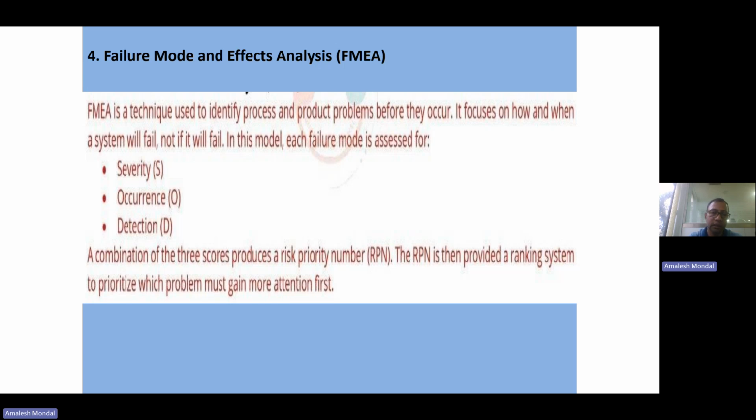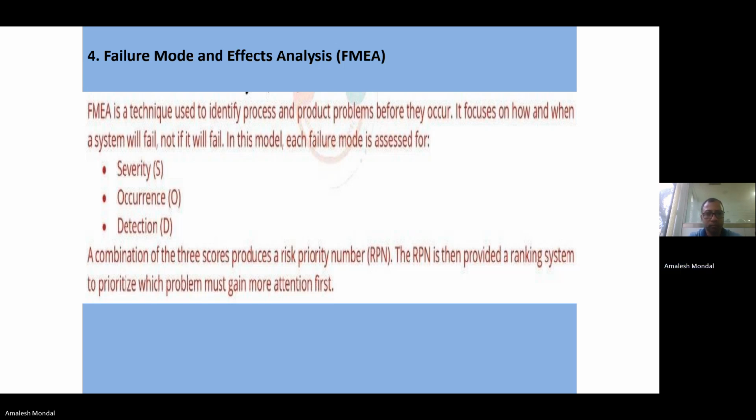Occurrence, कितनी बार हो सकता है. Detectability, कितनी आसानी से हम लोग उसको detect कर सकते हैं. So 3 criteria are part of failure mode and effect analysis. A combination of the 3 scores produces a risk priority number, RPN. RPN is then provided a ranking system, means हम लोग कौन से level में हैं, low, medium or high or others, to prioritize which problem must gain more attention. Okay, so level wise.